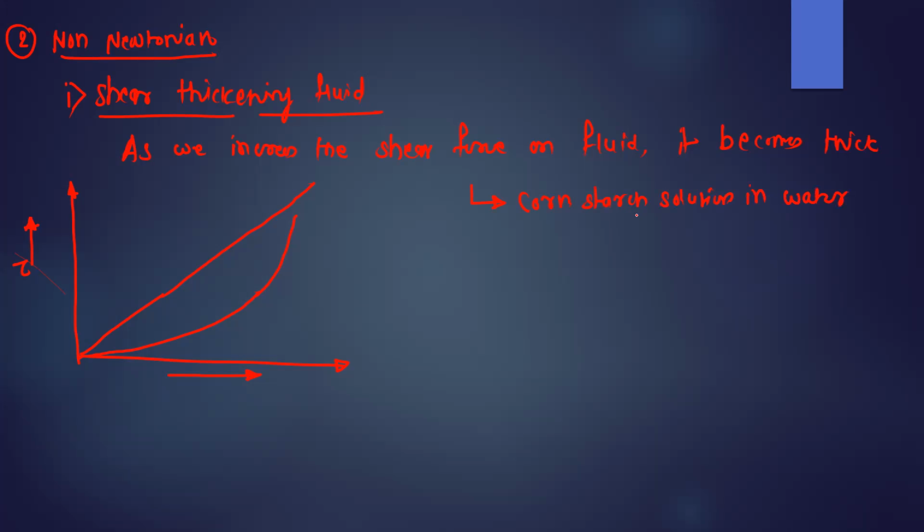Okay, so this is the very common example for the shear thickening fluid. Or the example of sand, sand in the liquid. So these are the shear thickening fluids. So I will show this effect. If you increase the force, actually it becomes hard. That is called shear thickening.